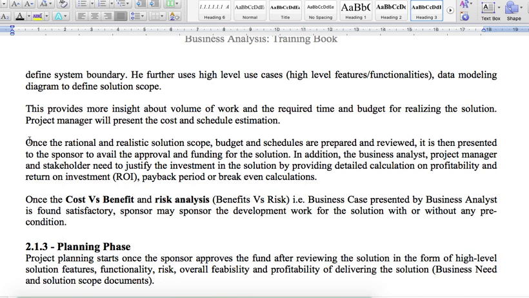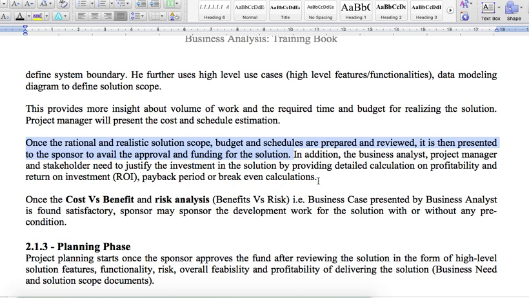This is again a very important factor. Without this we just can't move ahead. We need funding. Okay, so here we are presenting the solution scope. In that we talked about the features, functionalities, data and processes all at the high level, and based on that we will present the volume of work required and the budget and the schedule.